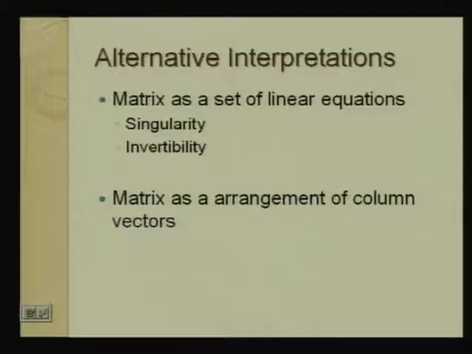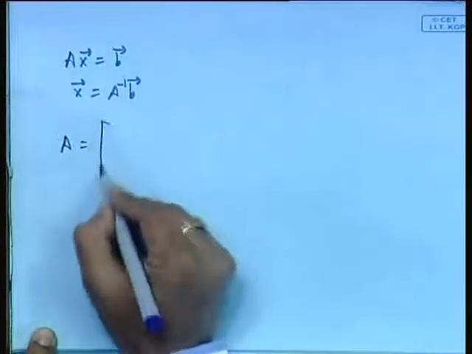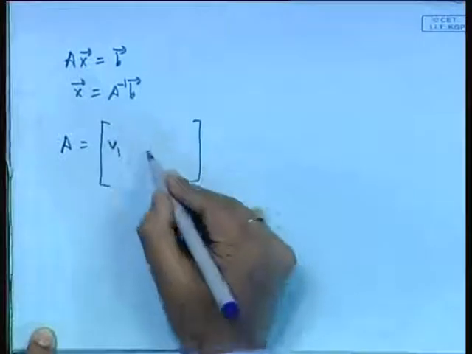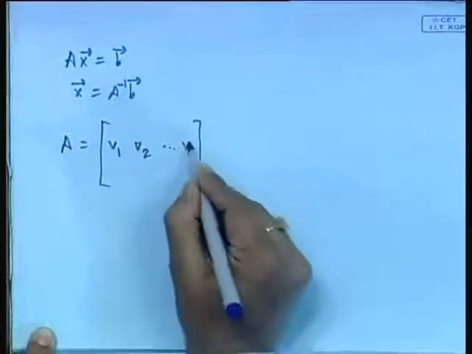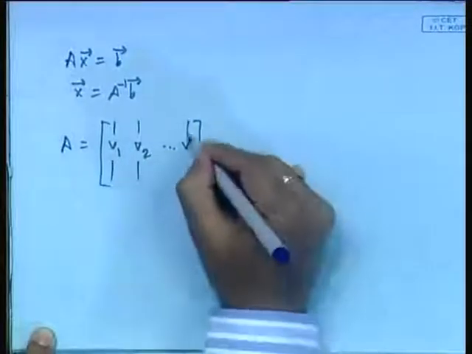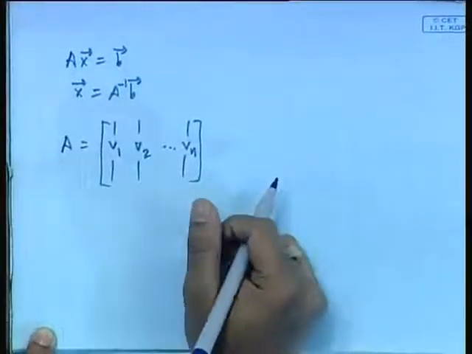Also, another way to look at it is to see the matrix as an arrangement of column vectors. So you have A, and instead of writing A1, A2 and A3, you could think of each of them as a vector, each of them is a column vector.